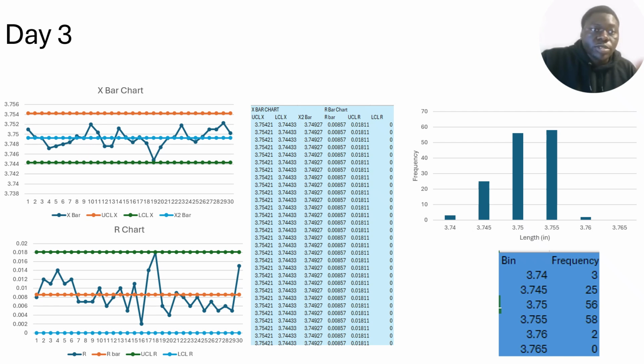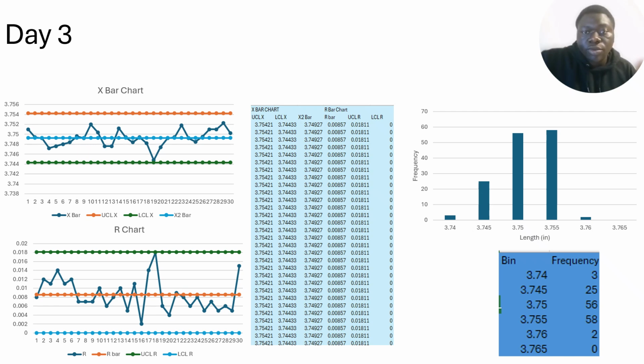The X bar chart, which is on top, shows the information given under the X bar chart. The R bar chart on the bottom shows the information given under the R bar chart. For the histogram, I did the same thing.